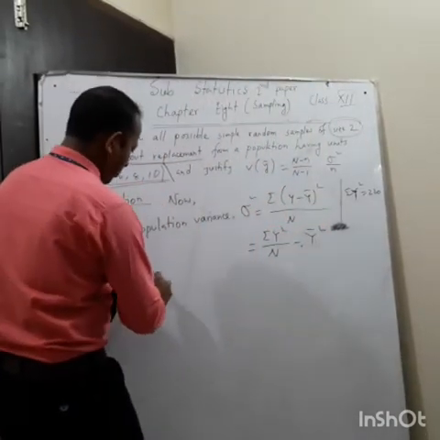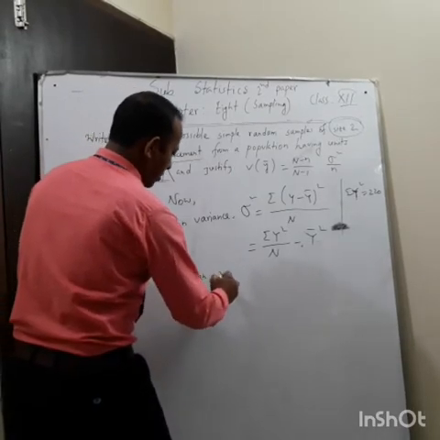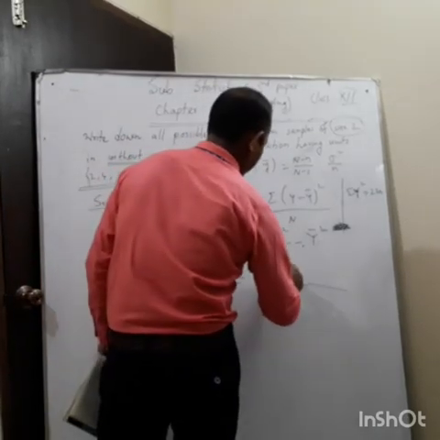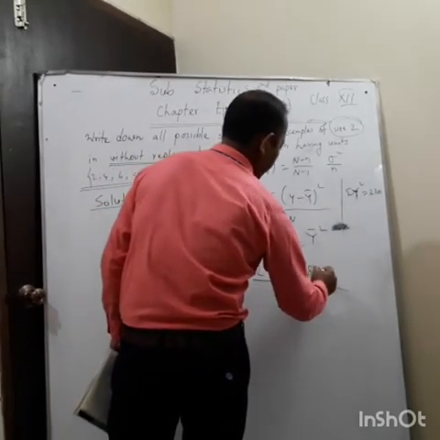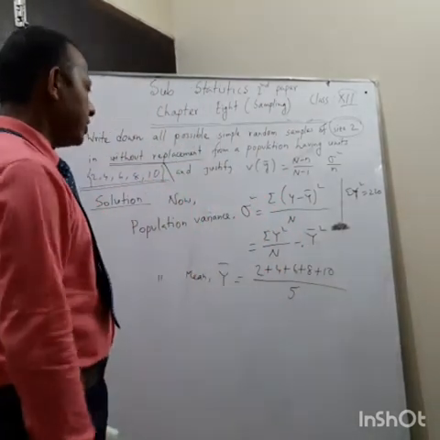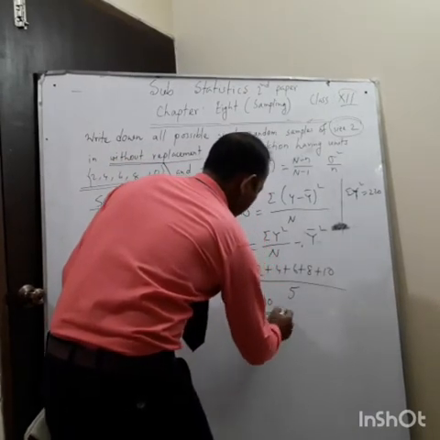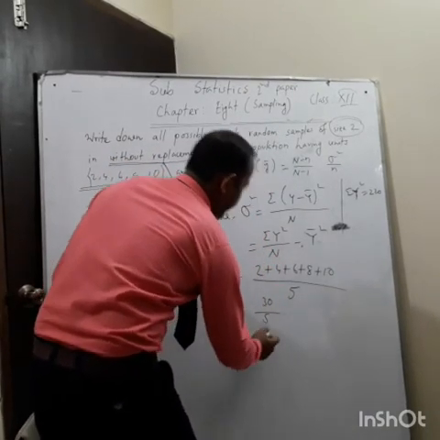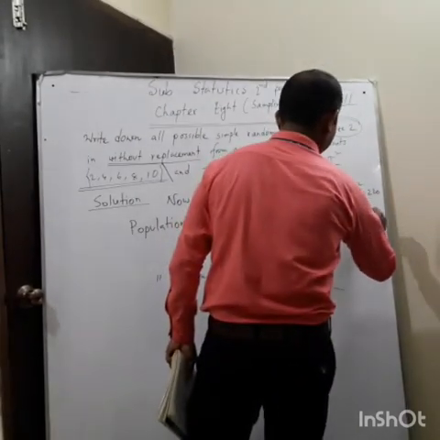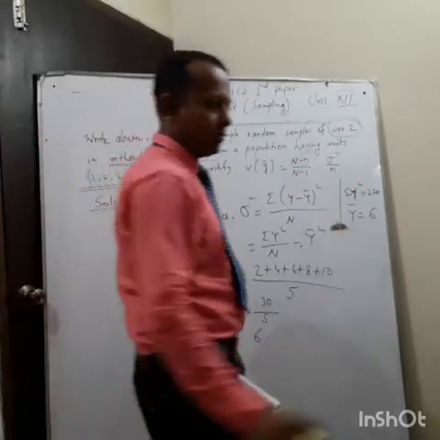Now the population mean y bar equals 2 plus 4 plus 6 plus 8 plus 10 divided by 5, and its sum is 30 divided by 5, so this is 6. Finally y bar equals 6. We obtained these two values.